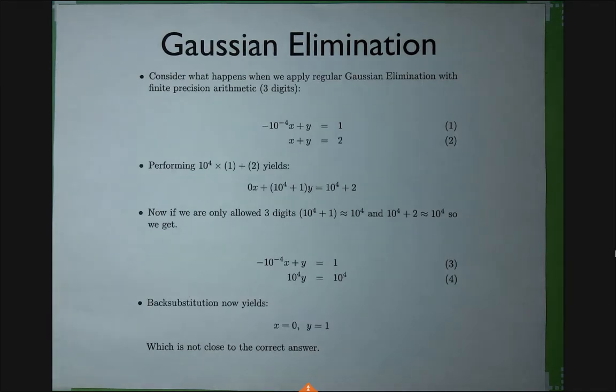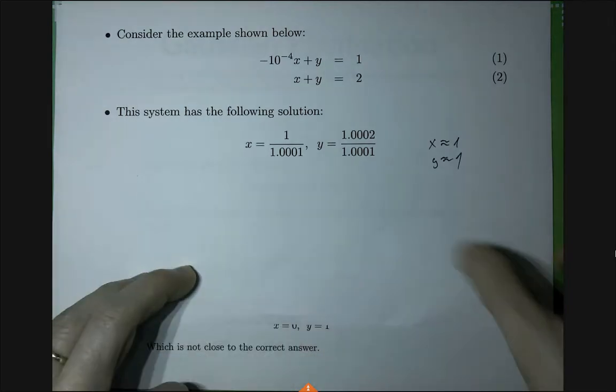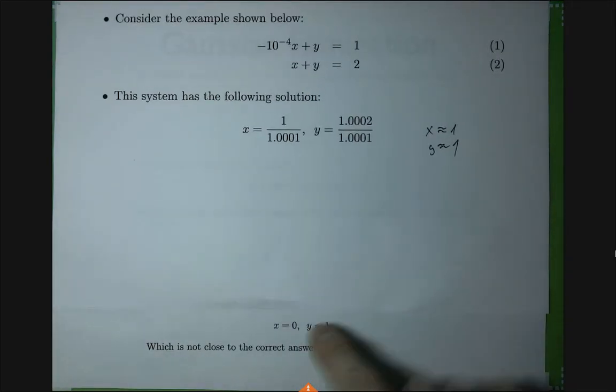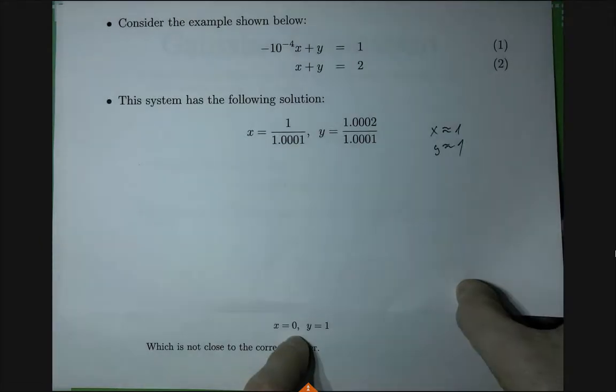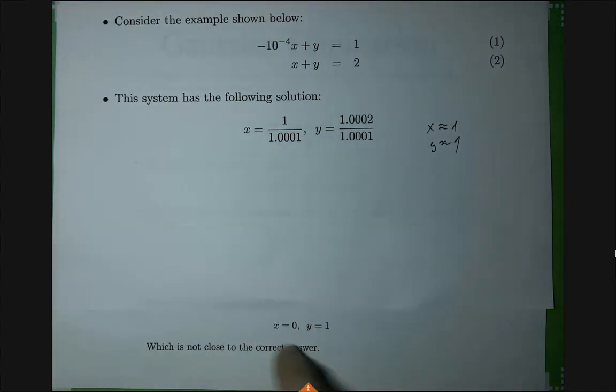Because remember, the original solution was something around 1 and 1, right? So here I got a horribly wrong answer, right? It's not even remotely close to the right solution. The right solution has x almost 1, here I got x = 0.